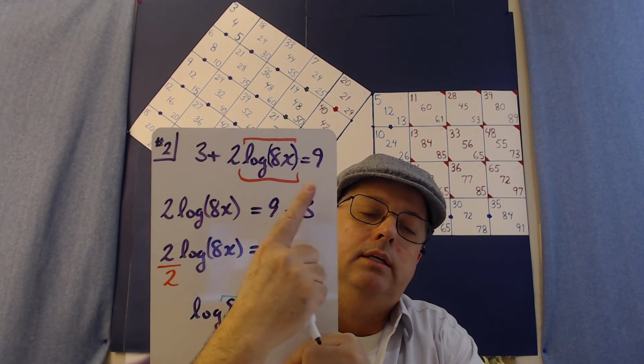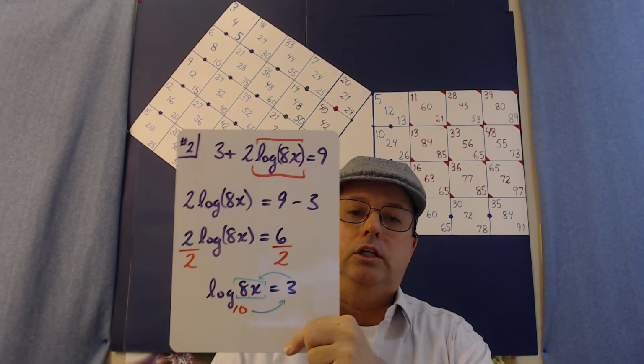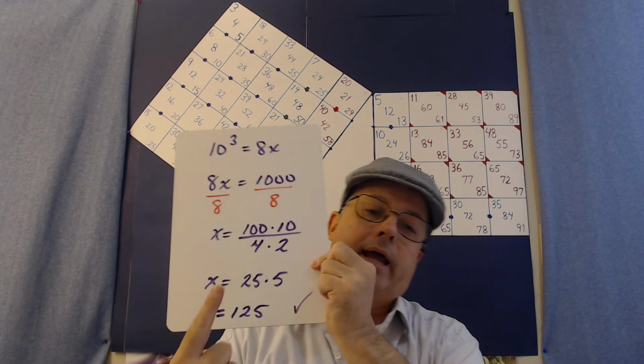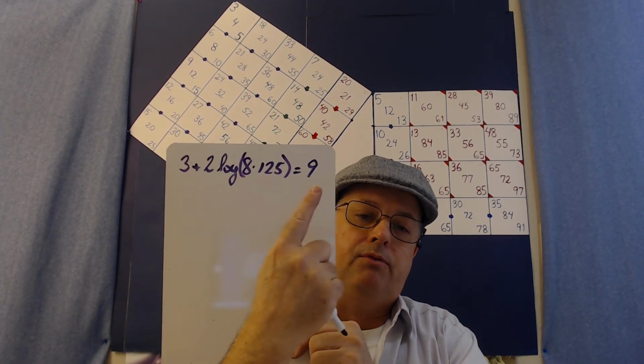So under what condition is this true? And we have found the condition for this being true. It's when x equals 125. So if that's the condition where this statement is true, well, then we ought to be able to simplify this and get 9. Okay, a conditional equation.